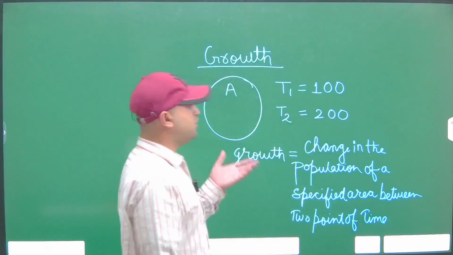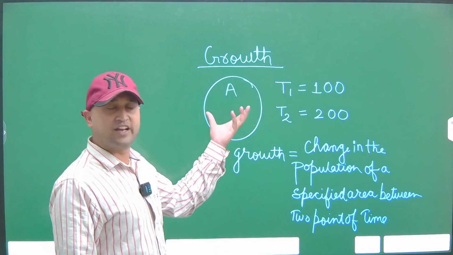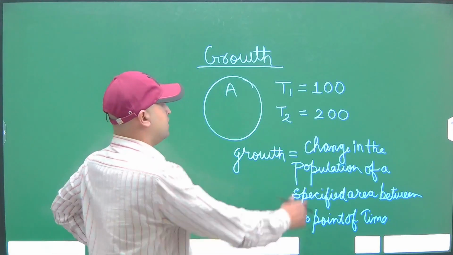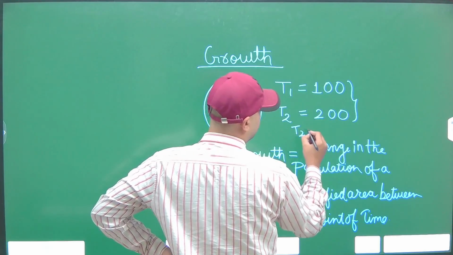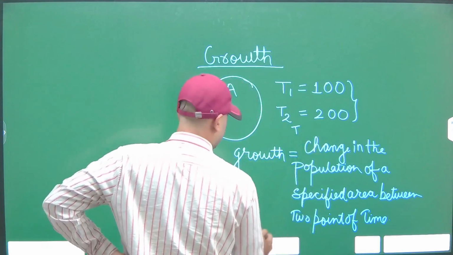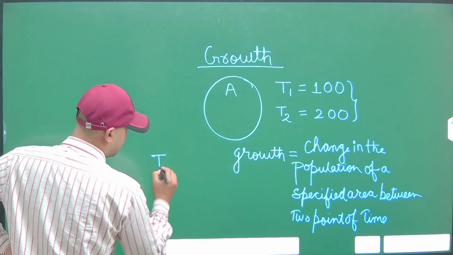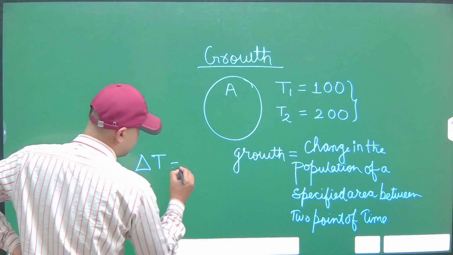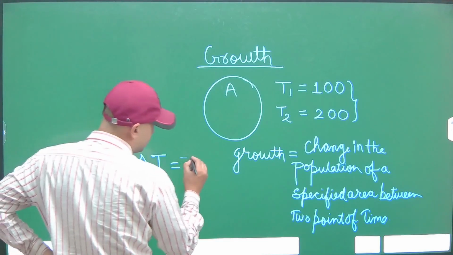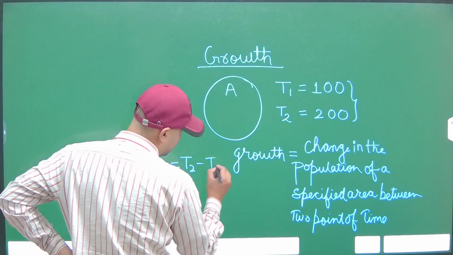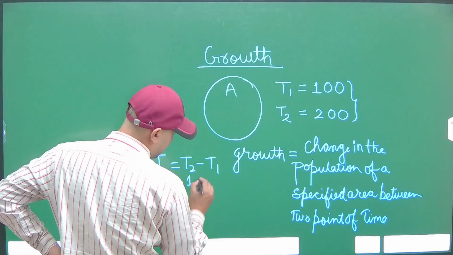So what is the change here in this area? The specified area is A, and the change is del P, where del represents the change: T2 minus T1, that is 100.